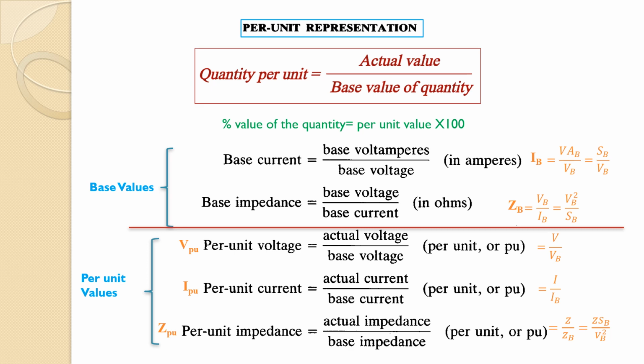In the per unit representation, the numerator denotes the actual values and the denominator represents the base values. For example, per unit voltage will be written as actual voltage by the base voltage. Per unit current will be written as actual current by base current, and similarly the per unit impedance will be written as actual impedance by base impedance.